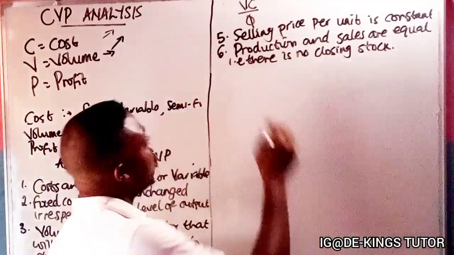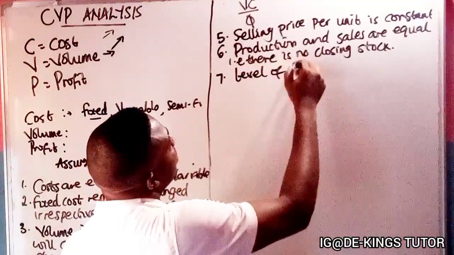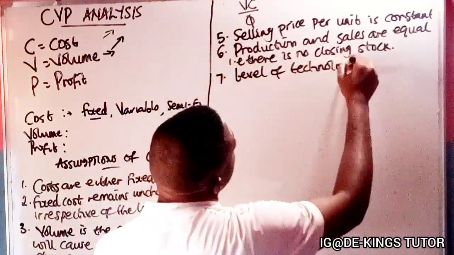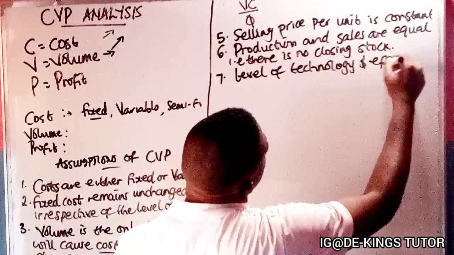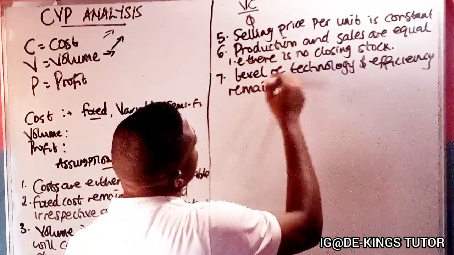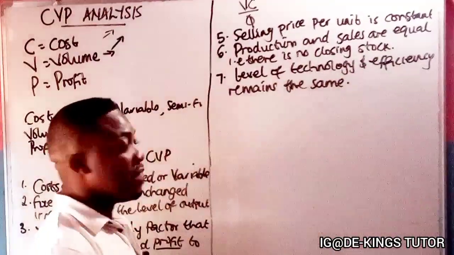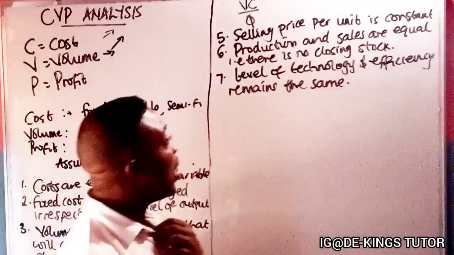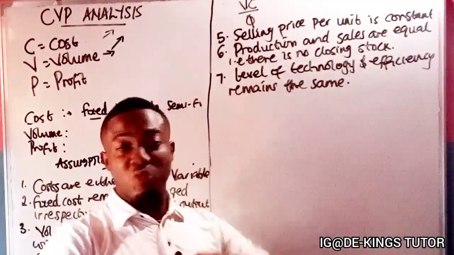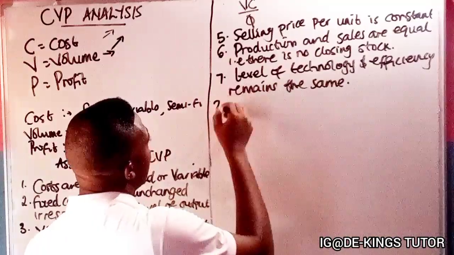Okay, so the seventh one, the level of technology and efficiency remains the same. That is the assumption, the seventh one.